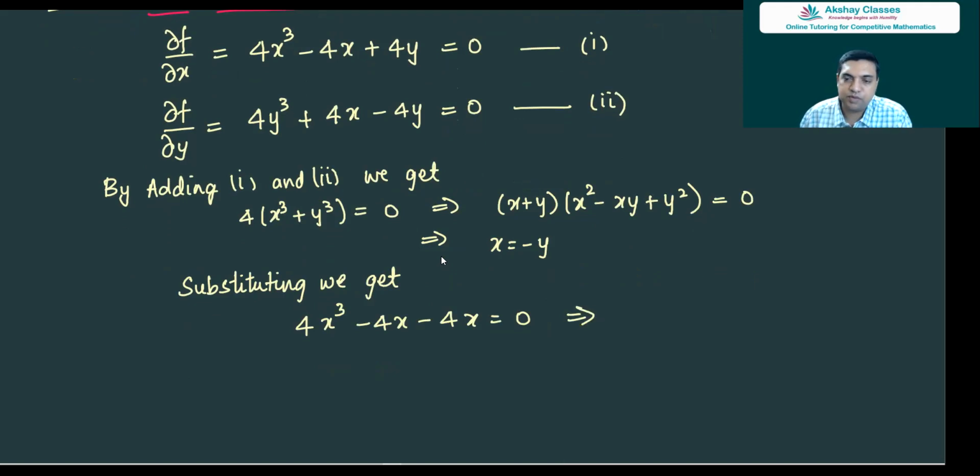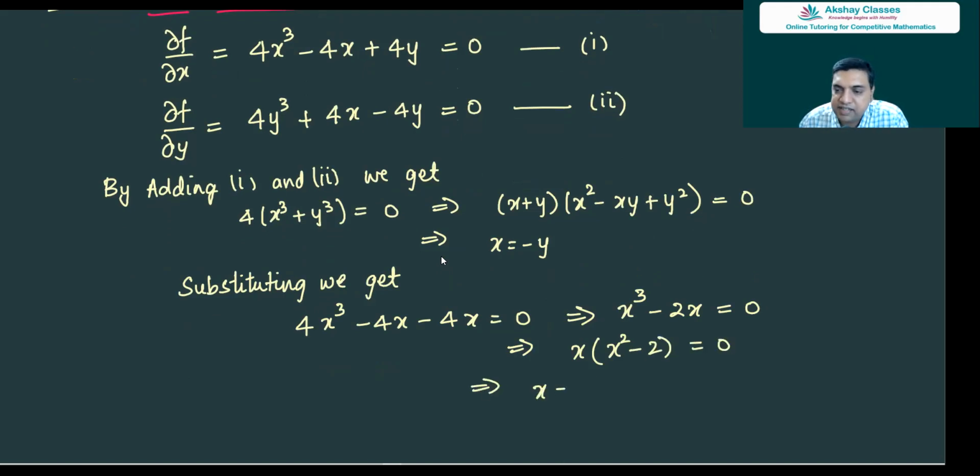So 4x cube minus 8x equal to 0, so x cube minus 2x equal to 0. So we get x into x square minus 2 equal to 0, so x equal to 0, x equal to plus root 2, and x equal to minus root 2.